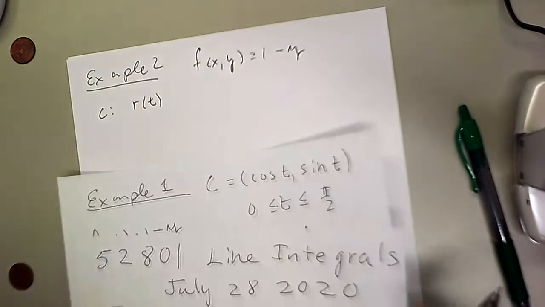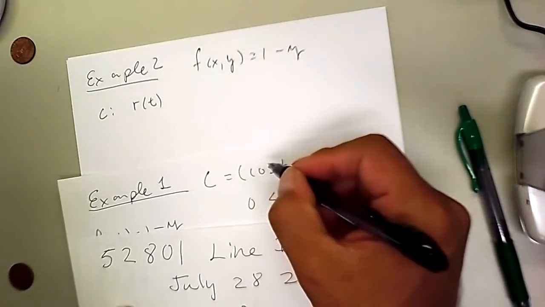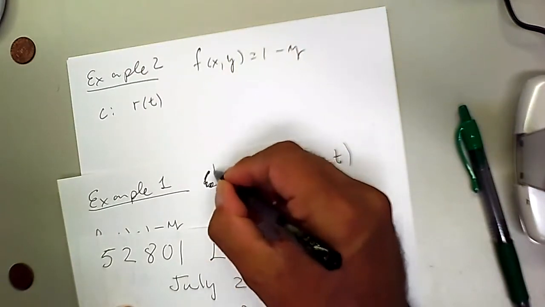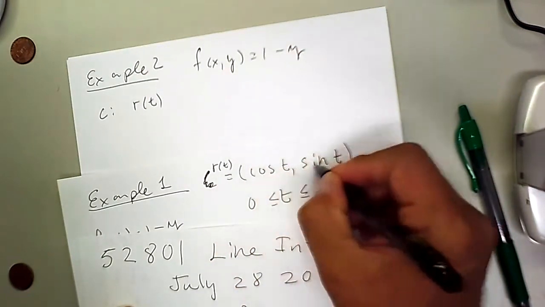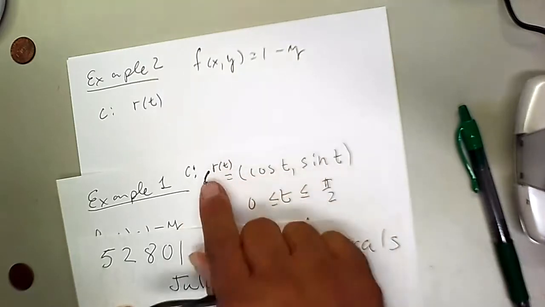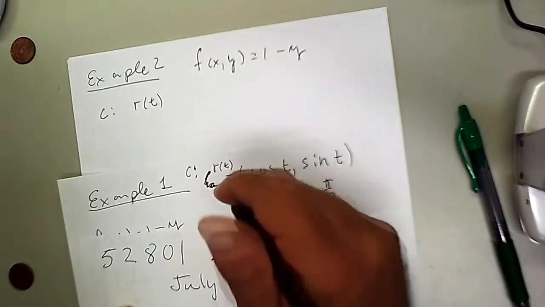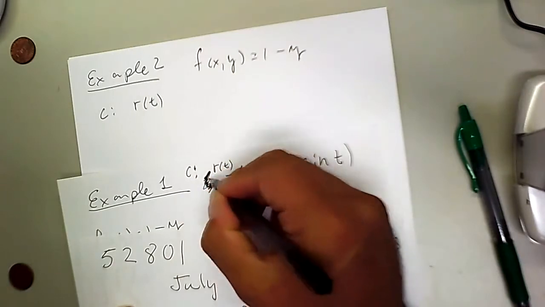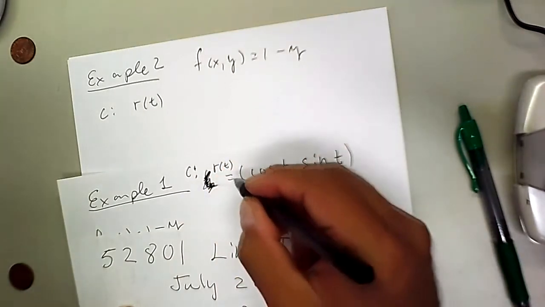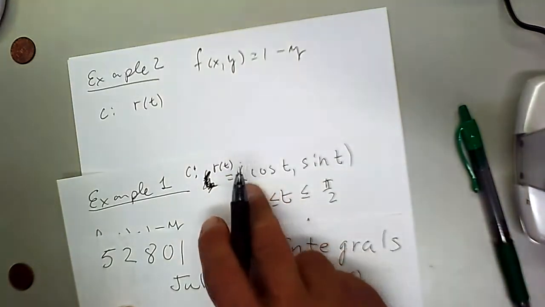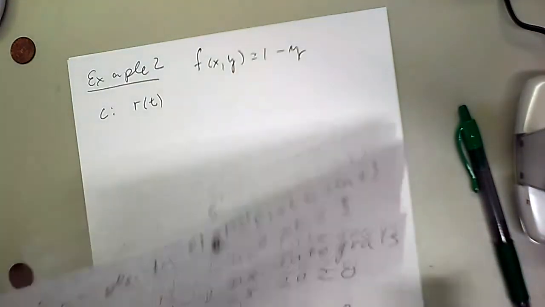I think my notation is incorrect here. Let's fix it before we move on. C is defined by r of t equals this, and that's how C is represented. So it isn't that C is equal to that. That was bad notation. This is not an exponent. This is r of t equals that. So r defines the curve C.